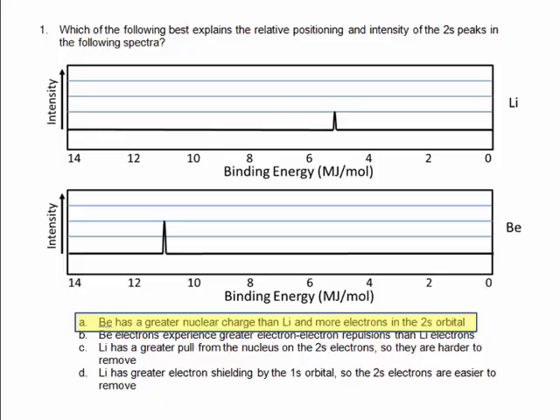Notice, choice B is actually a correct statement. Beryllium electrons do experience greater electron-electron repulsions. But that statement doesn't explain the positioning and intensity of the two peaks in question.